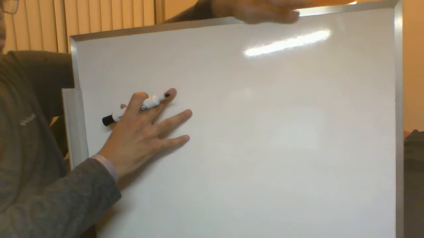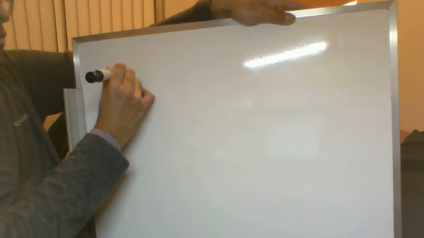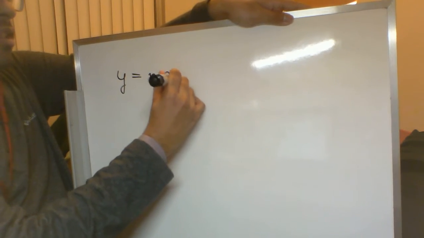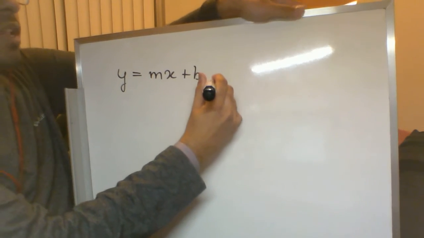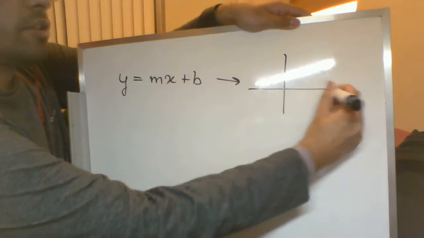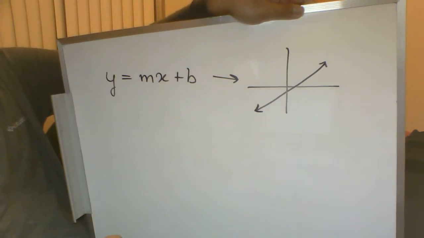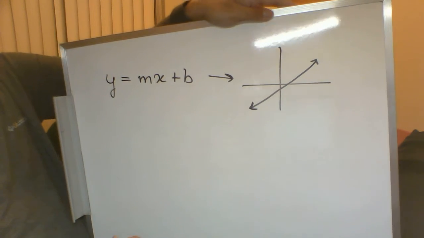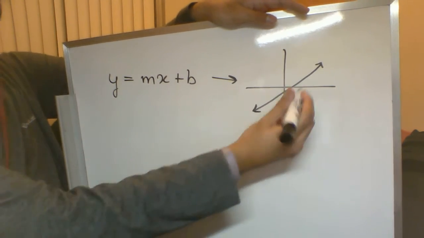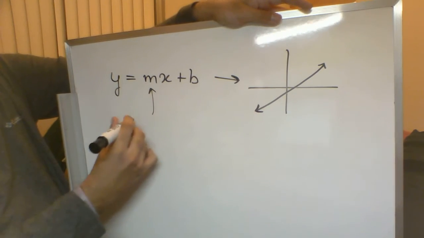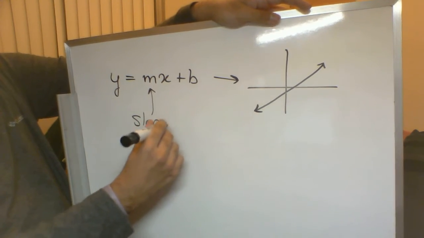So just to recap what we've been doing over the past few videos, for the most part we've taken the equation of a line and turned that into some sort of graph of that linear function. The angle of that line is determined by the slope, which we represent with the letter m.